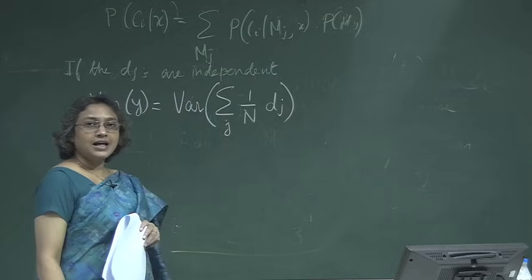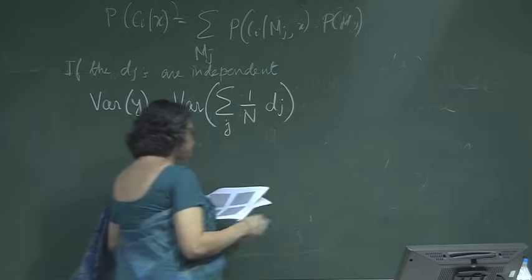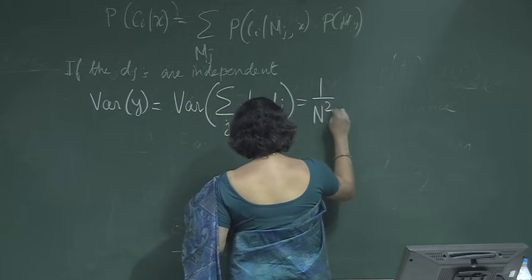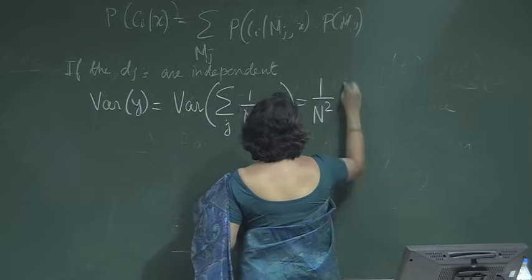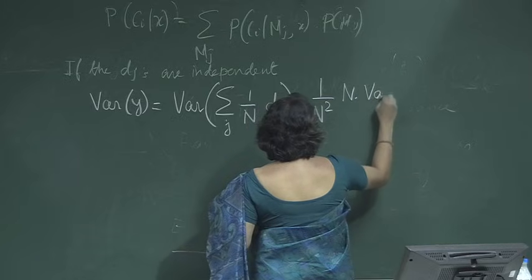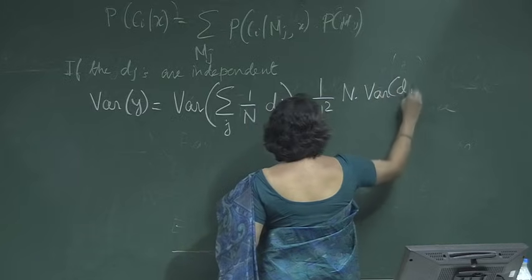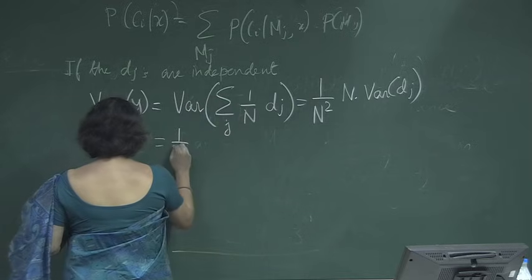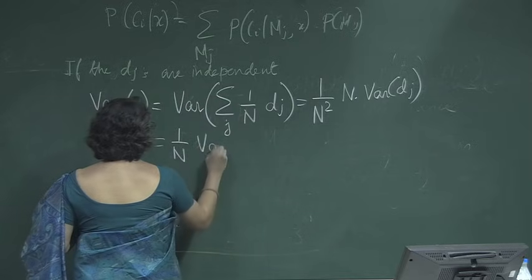Okay. This resulting variance can be shown to be 1 by n square times n into the variance of each of the individual classifiers, which is equal to 1 by n variance of dj.